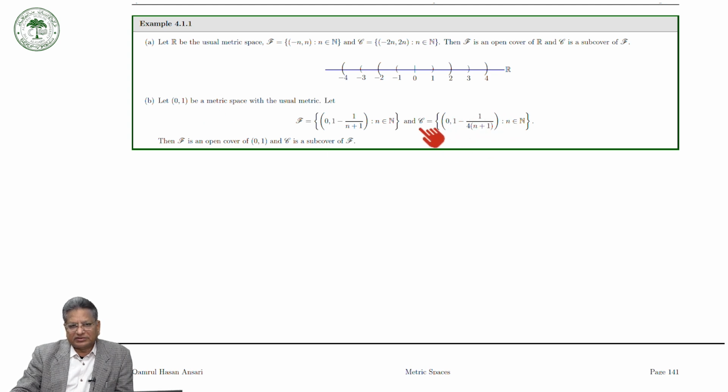So this is an open cover of (0, 1), and this family is a subcover of that family.